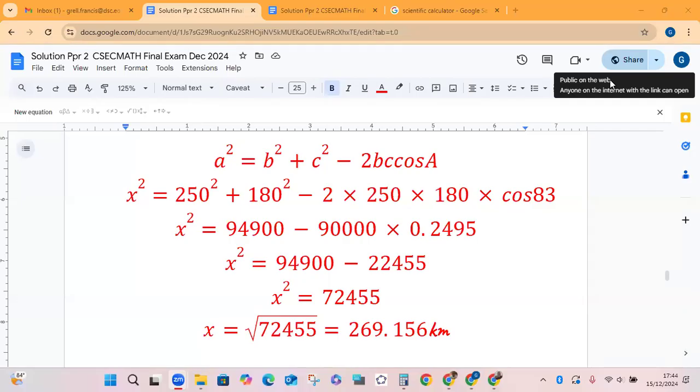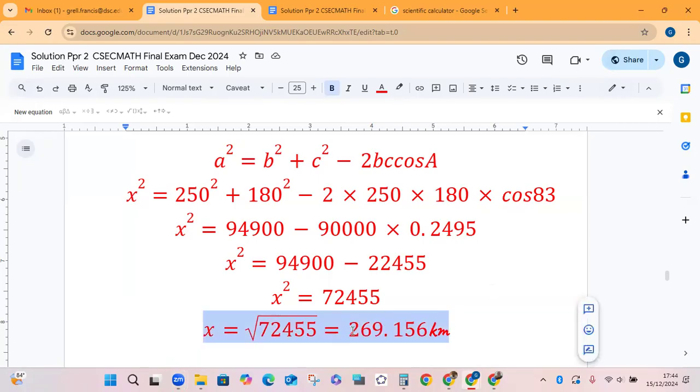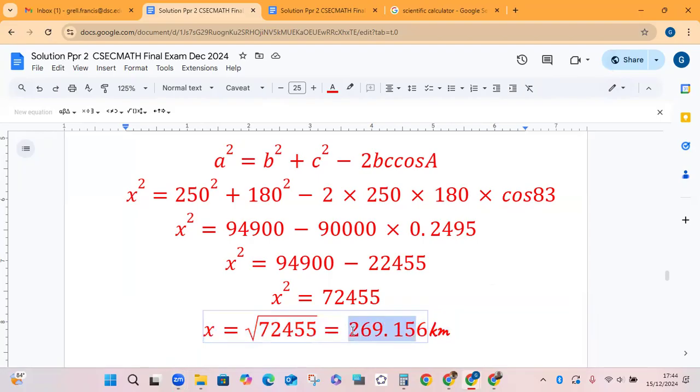And this gives an answer of 269.156. So therefore, RT is 269.156 to 3 decimal places kilometers. That will be RT.